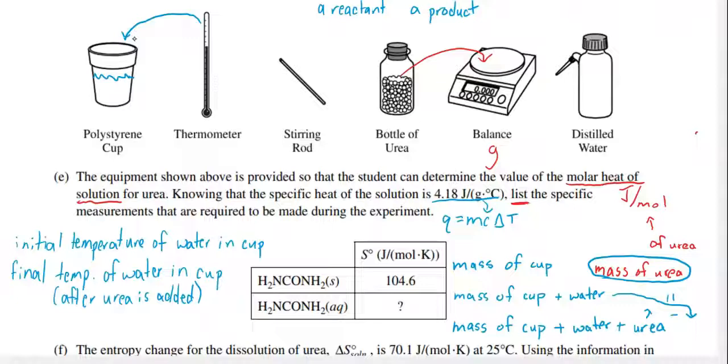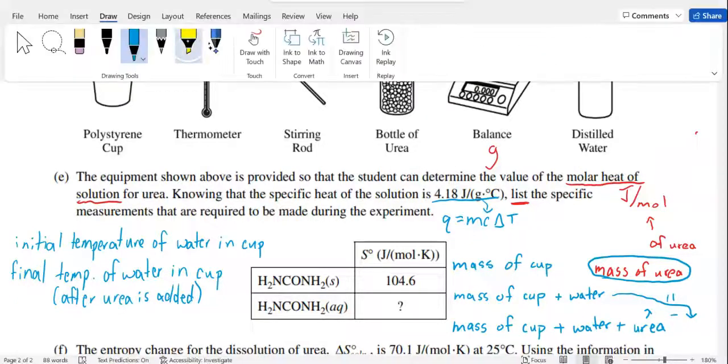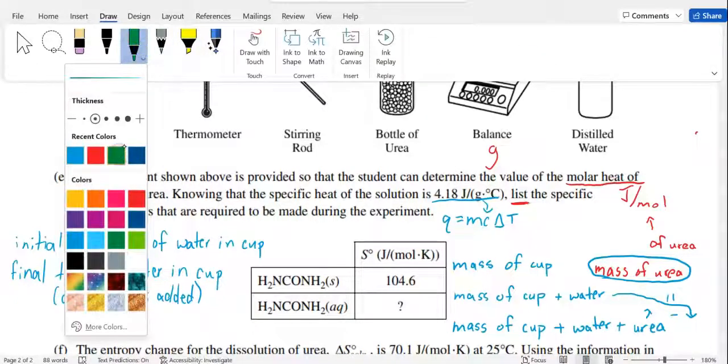So that's what I'll use to find the mass of the urea specifically. But then I'll also want the mass of my solution, which is this entire thing.